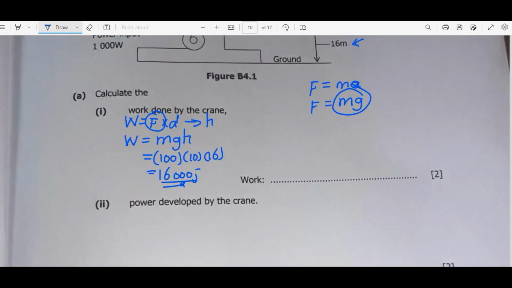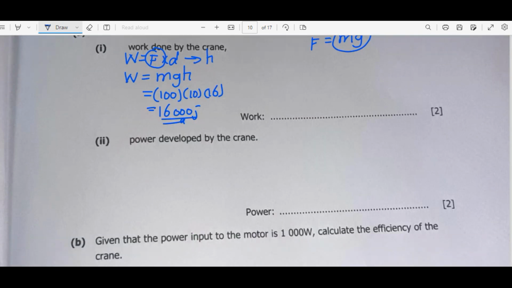Now we move on to Roman numeral 2, power developed by the crane. Power is given by the formula where we need to find the quotient of work done by the time taken.